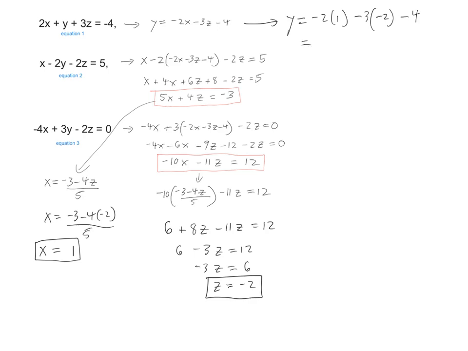And if I expand this out, I'm going to get negative 2 plus 6 minus 4, which gives me 0. So in other words, y is equal to 0. And there we have it. X is 1, z is negative 2, y equals 0. Those are the solutions to these three equations.